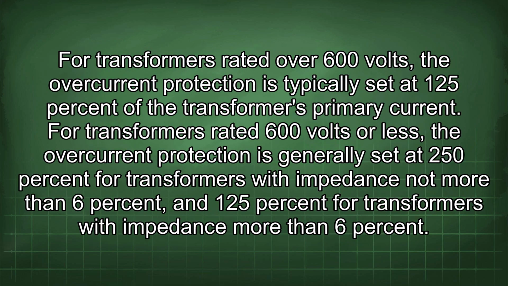For transformers rated over 600 volts, the overcurrent protection is typically set at 125% of the transformer's primary current. For transformers rated 600 volts or less, the overcurrent protection is generally set at 250% for transformers with impedance not more than 6%, and 125% for transformers with impedance more than 6%.